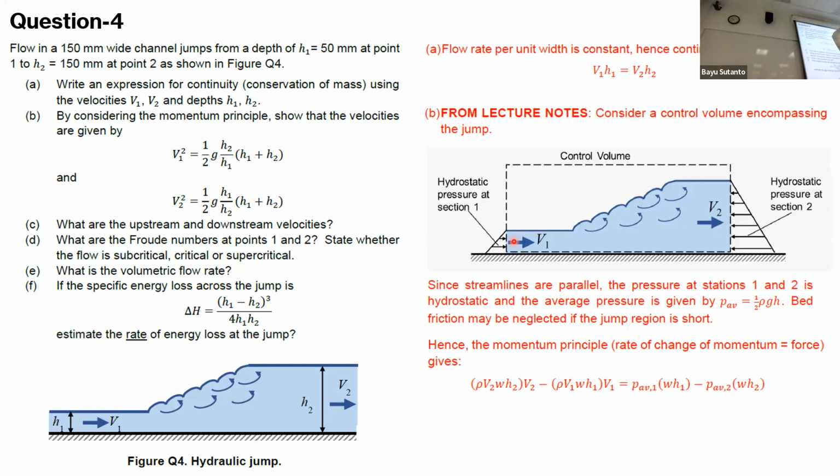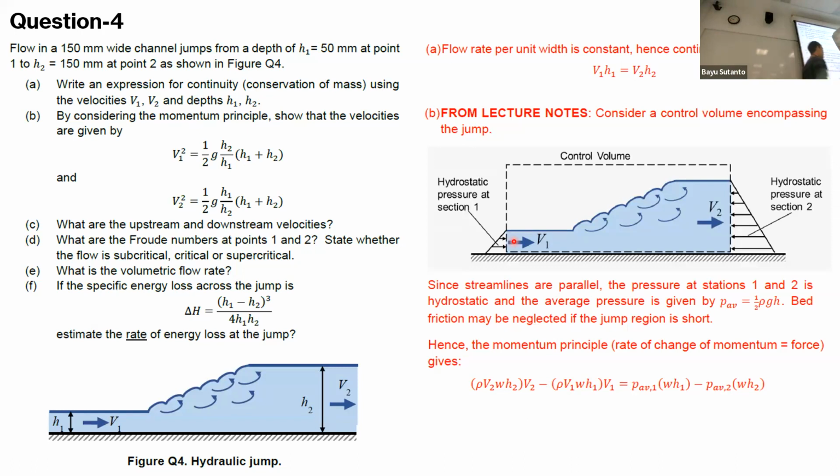Inlet is negative and outlet is positive. So this is both in the x direction. P1 is in the positive x direction, P2 is in the negative x direction. But for the mass flow rate, the inlet is negative to the cross-sectional area, and the outlet is positive. So we have positive for outlet and negative for inlet, using the Reynolds transport theorem for the linear momentum equation.